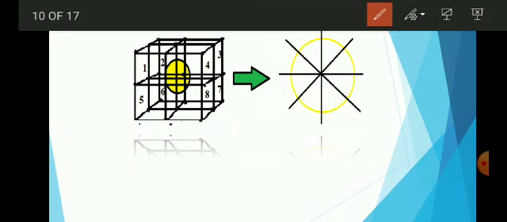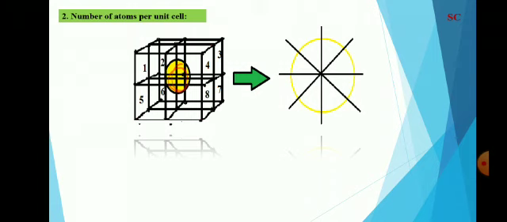At the corner of the unit cell one atom is present, indicated by the yellow sphere, and this atom is shared by how many unit cells? 8 unit cells. So the part of one atom present in one unit cell is 1 by 8th part. Why? Because each corner atom present on a unit cell is shared by 8 unit cells.